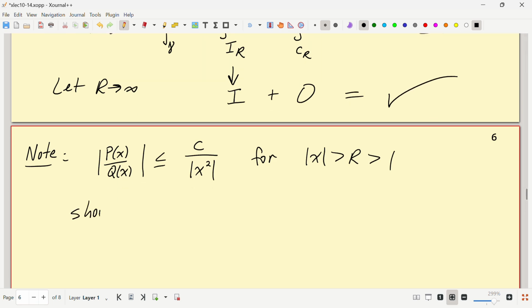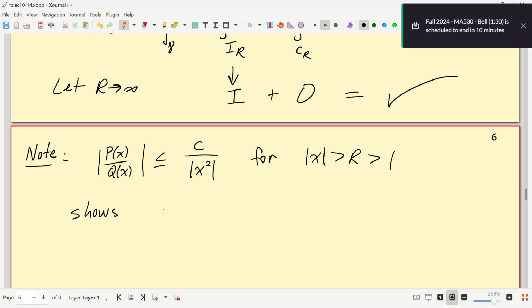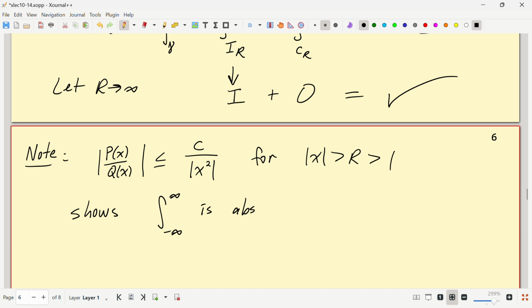That shows the integral is absolutely integrable, by comparison with the famous integral of 1 over x squared.